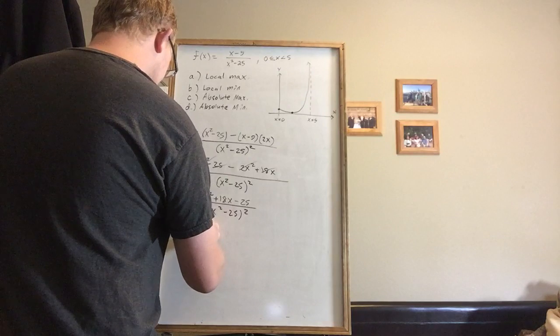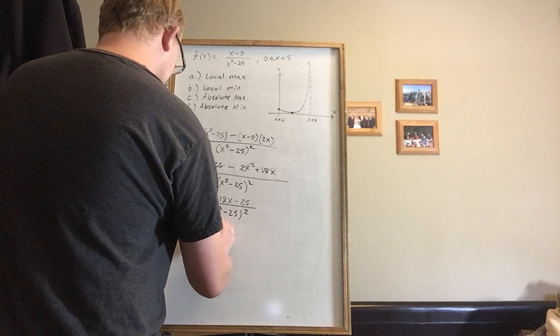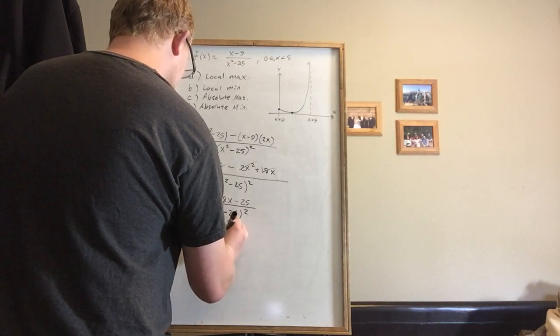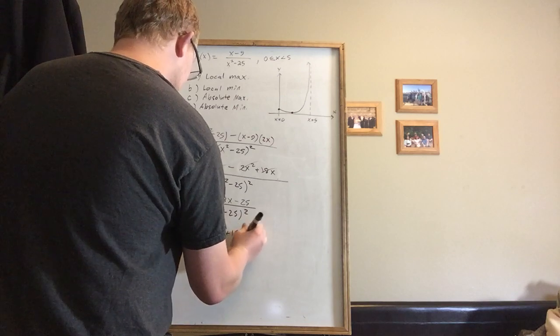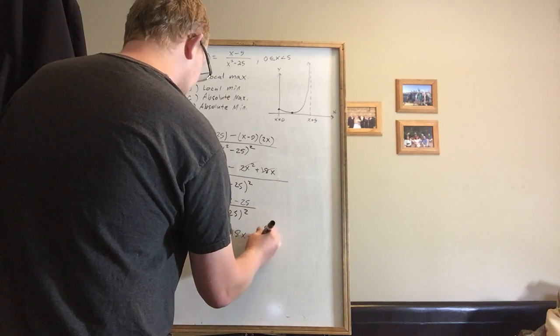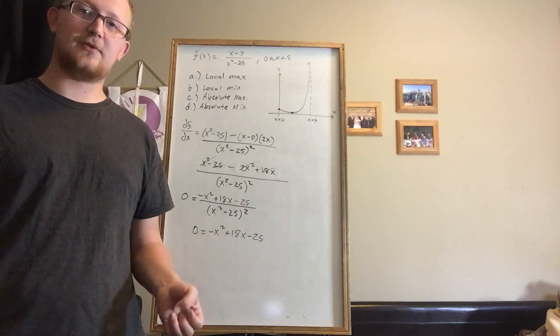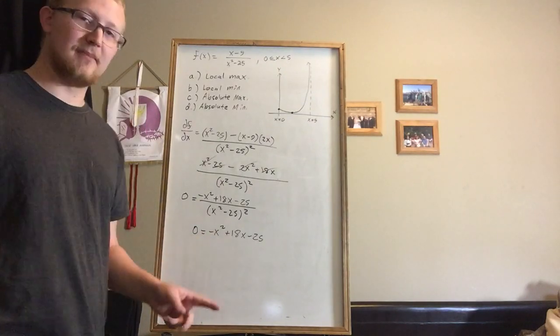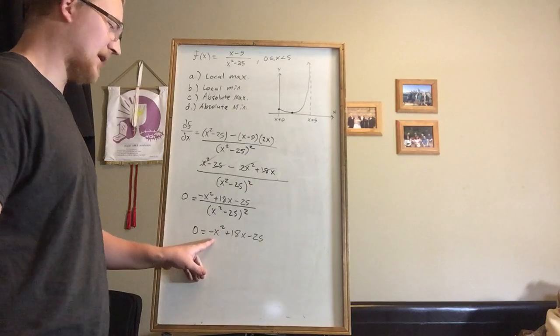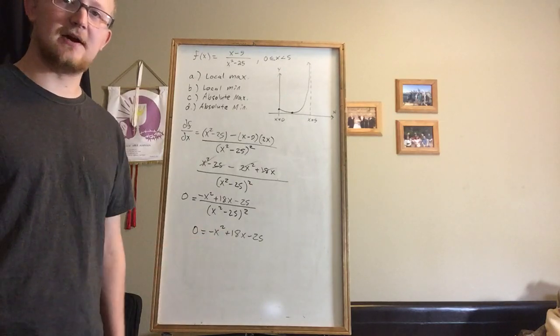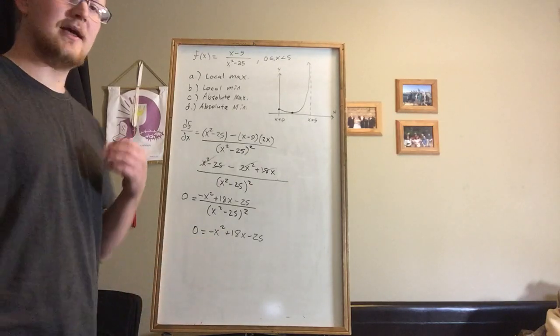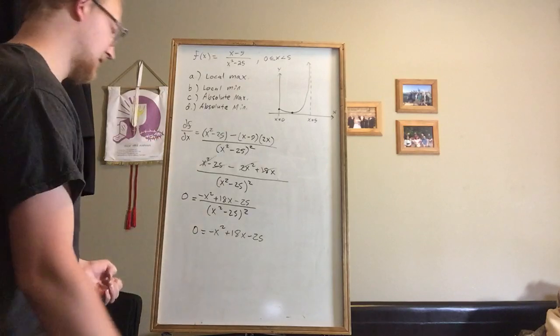So what we end up with then is 0 equals minus x squared plus 18x minus 25. What I did when I was solving this problem the first time through was I multiplied everything by minus 1, because I usually don't like a minus sign in front of my first term, unless I'm not going to be factoring it.